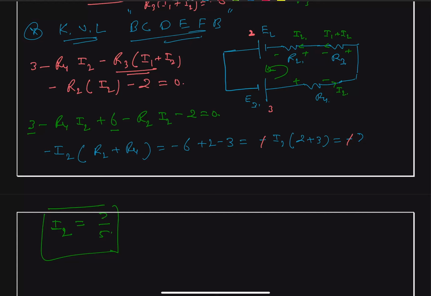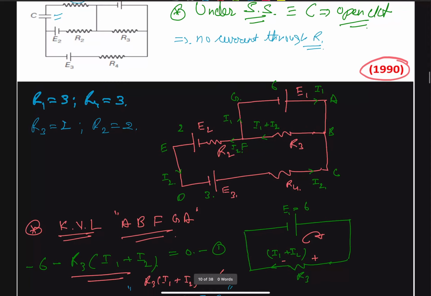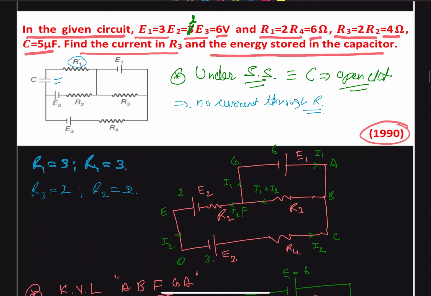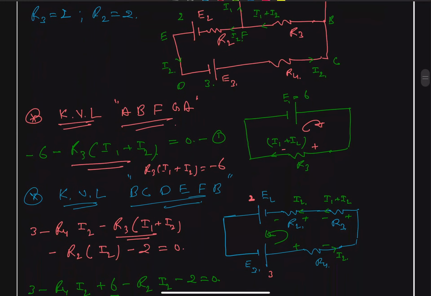If I2 is 7 upon 5, one second. Sorry, this is rise in potential, so it has to be plus 6, not minus 6, my mistake. Because we have taken the loop in this direction.